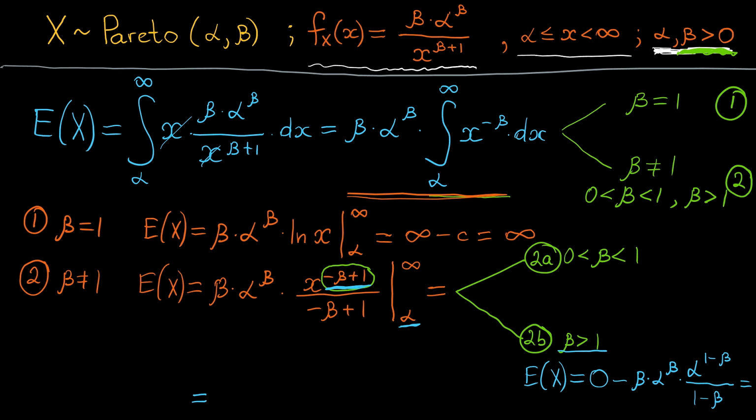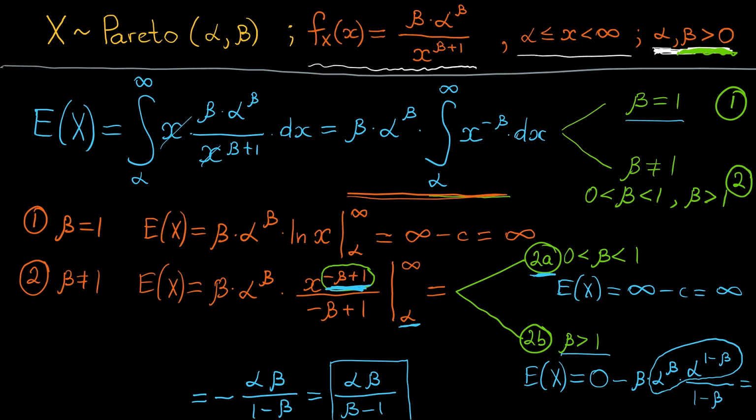So we have alpha raised to the power of beta times alpha raised to the power of 1 minus beta, which will end up with just an alpha raised to the power of 1 multiplied by that beta in front. So we'll have minus alpha beta in the numerator and then 1 minus beta in the denominator. And it can be expressed even more neatly if we just combine the two negative signs to flip the sign in the denominator, and then we get, for the expected value of x, alpha times beta over beta minus 1.